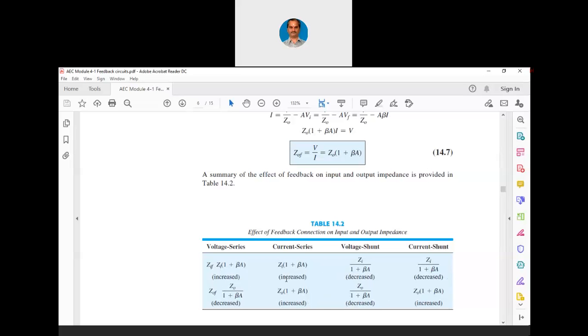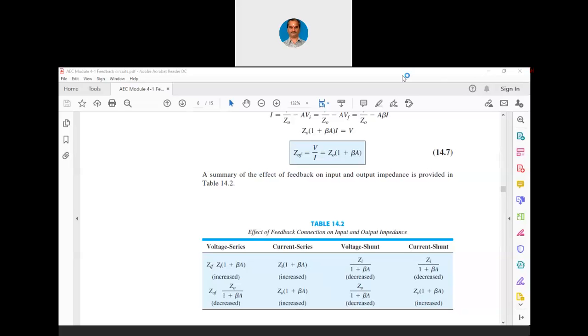Now you can see all series connections are going to increase the input impedance. All shunt connections are going to reduce the input impedance. But you can see all the voltage feedback is going to reduce the output impedance. All the current feedback is going to increase the output impedance.